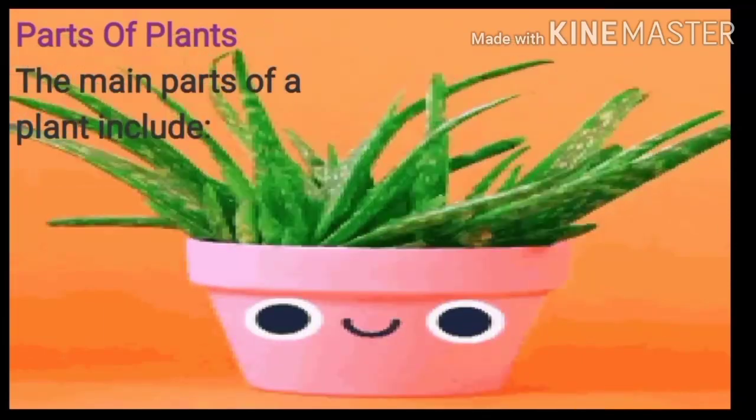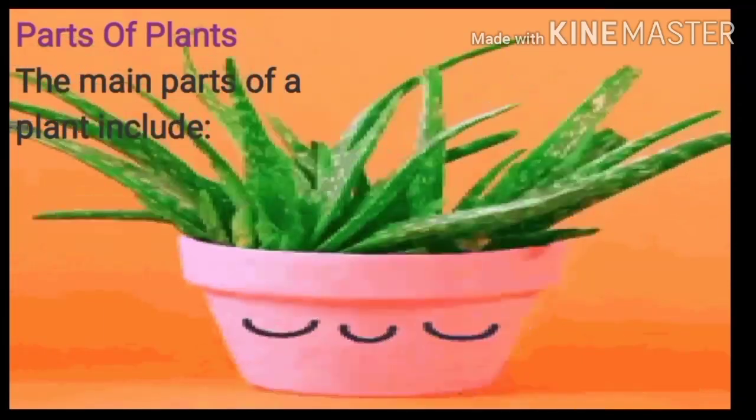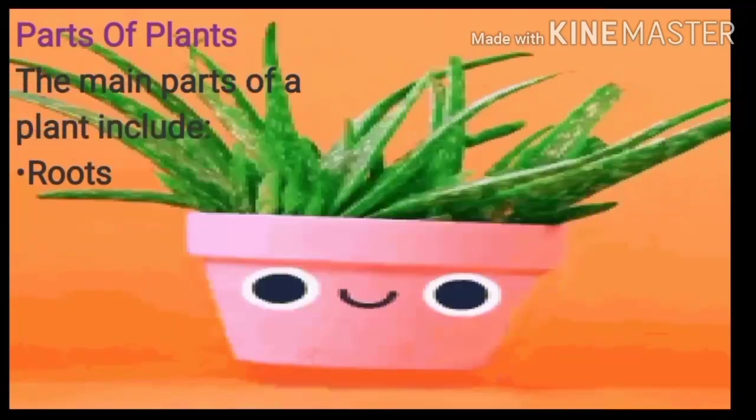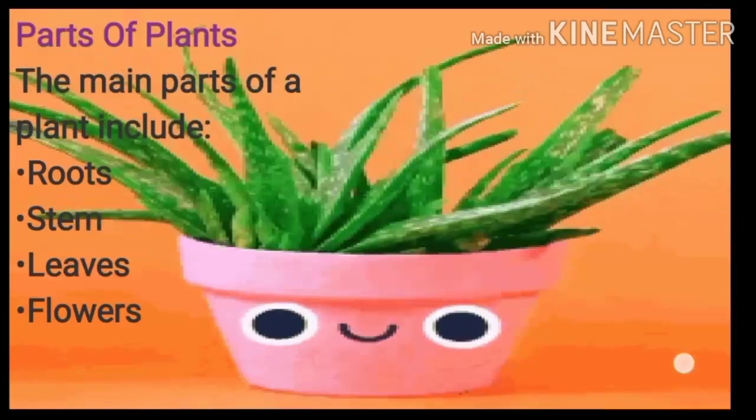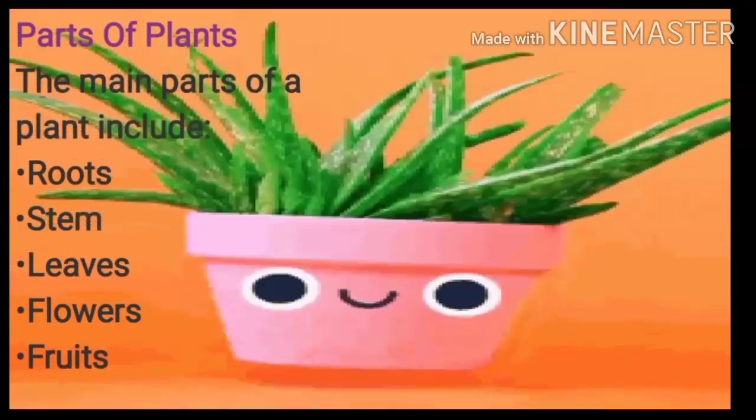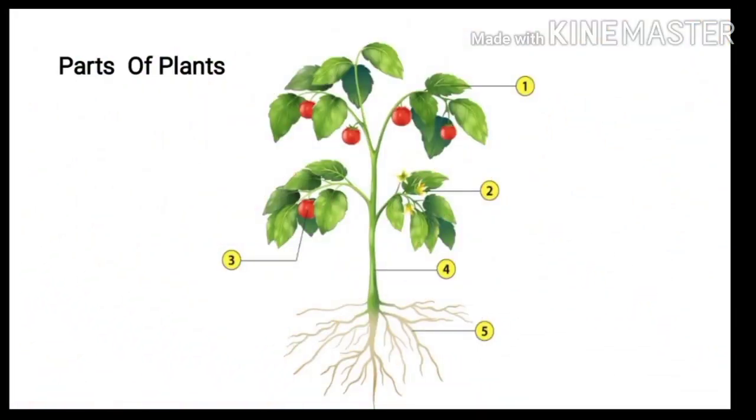The main parts of plant include roots, stem, leaves and flowers. Fruits. Children, look at this picture carefully.